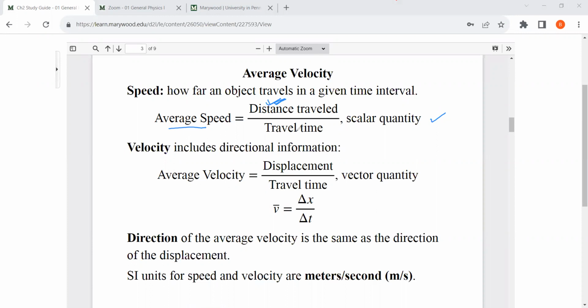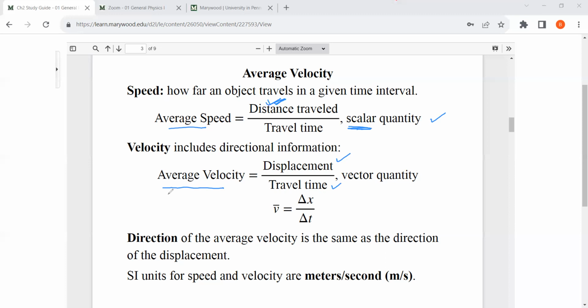Because average speed is associated with distance, and distance is a scalar quantity, average speed is also a scalar quantity. On the other hand, average velocity is displacement over travel time. You already learned that displacement is a vector quantity.